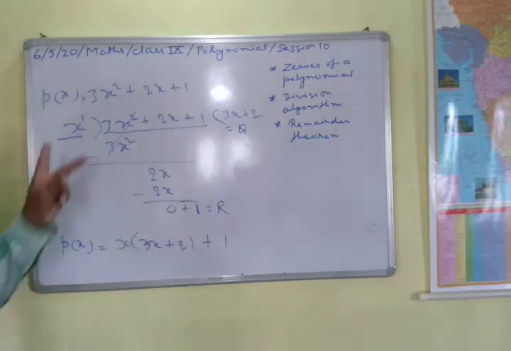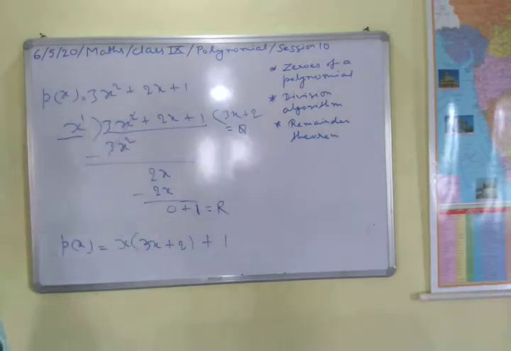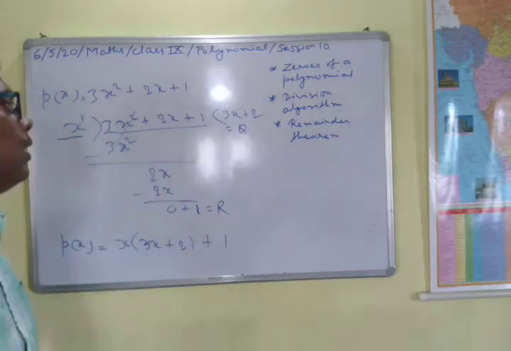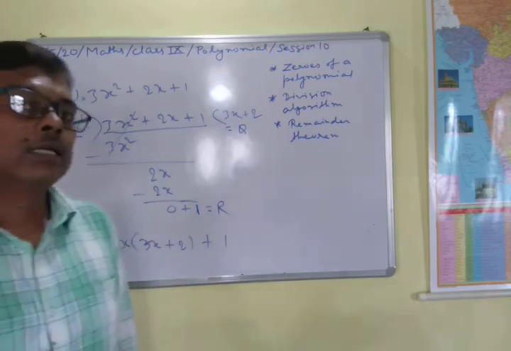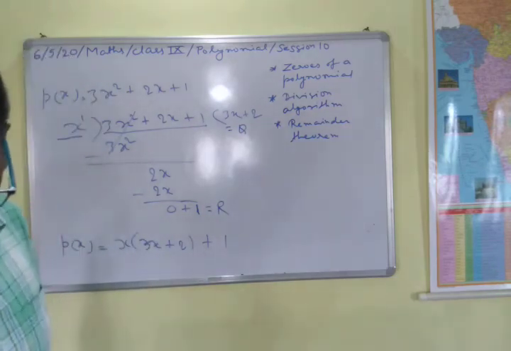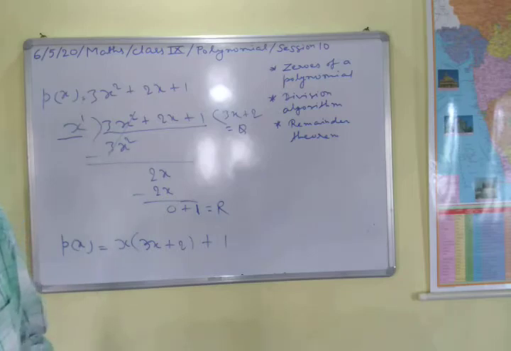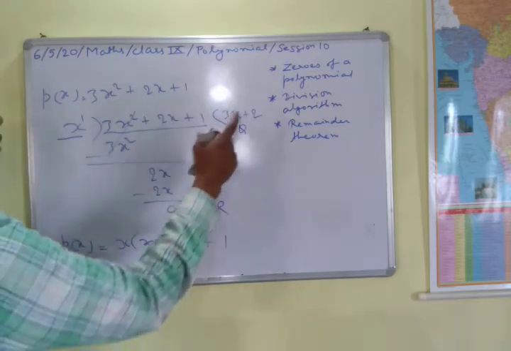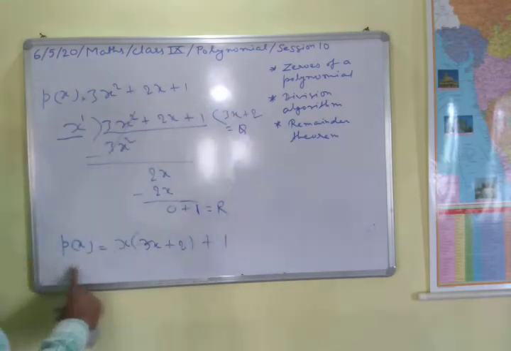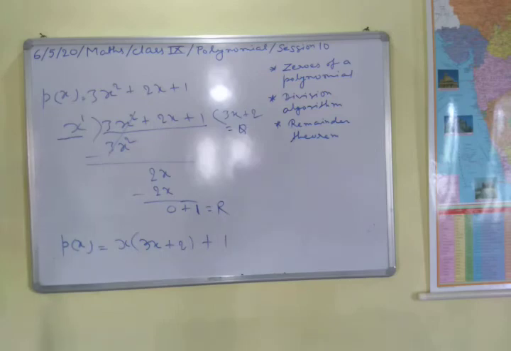So this is called the division algorithm for polynomials also, and you must know how to divide. I think you would have studied all those things, how to divide, in class 8 or class 7, so here I explained this. This is the example: if you divide this expression by x, we get 3x plus 2 and remainder 1, and this satisfies this. Let's take another example also.